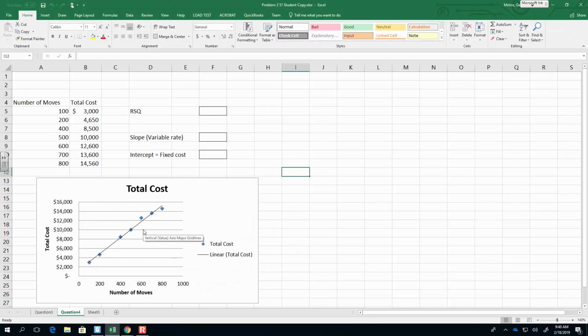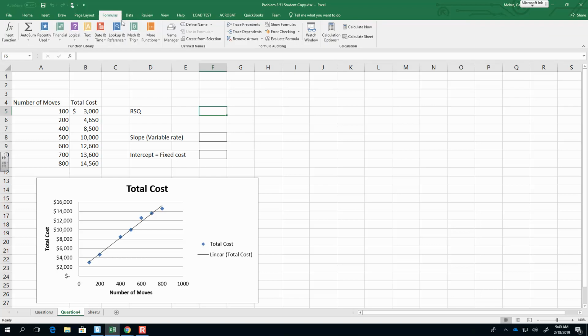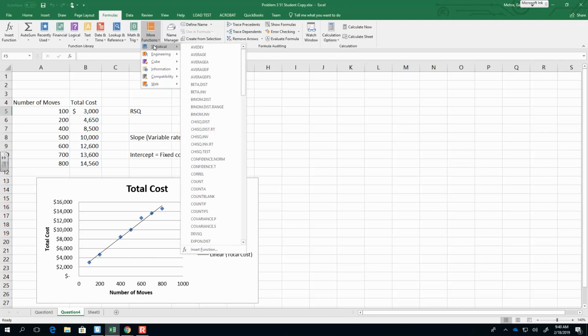On one worksheet have the RSQ, which we talked about last week. It's simply a formula found in statistics. Under the formula tab, under more functions, statistical, you'll find the RSQ, the slope, and intercept. Those are the 3 formulas you need for least squares regression.